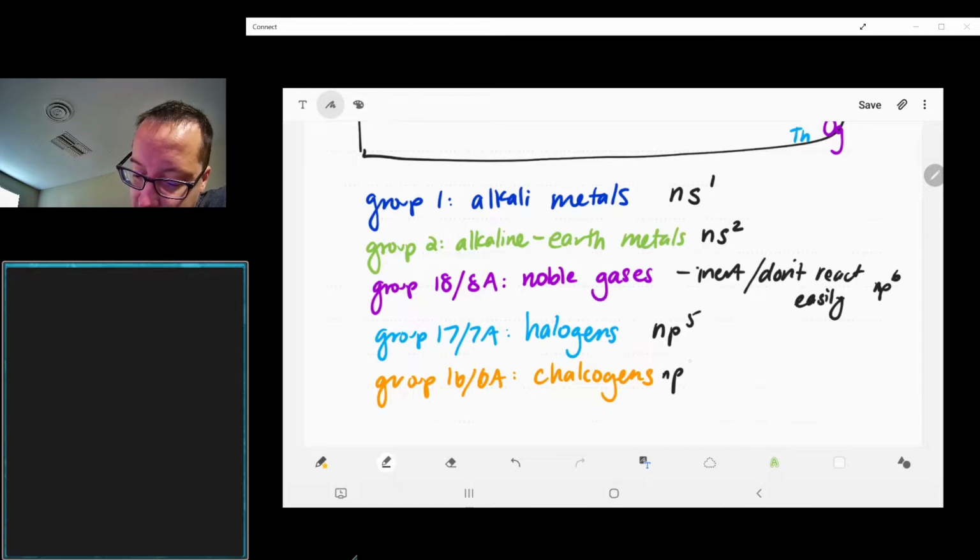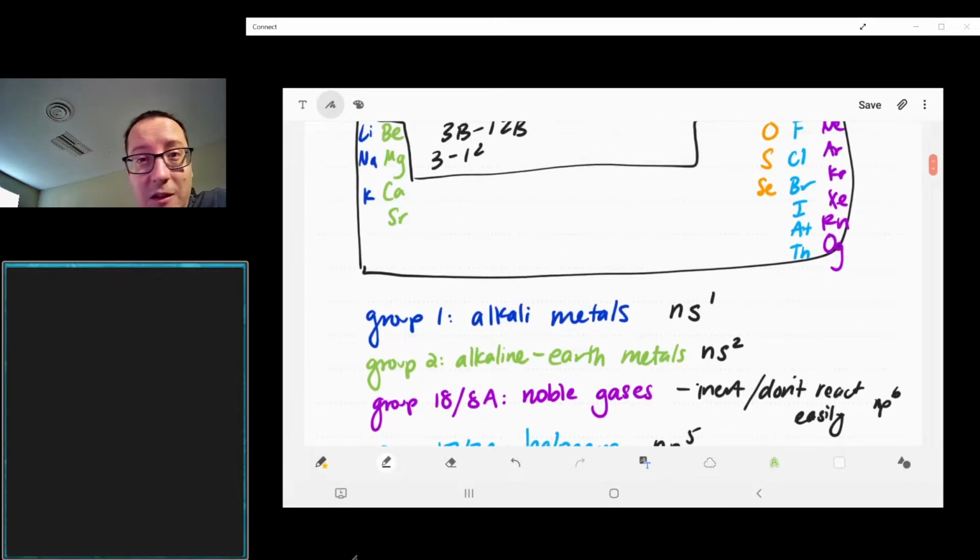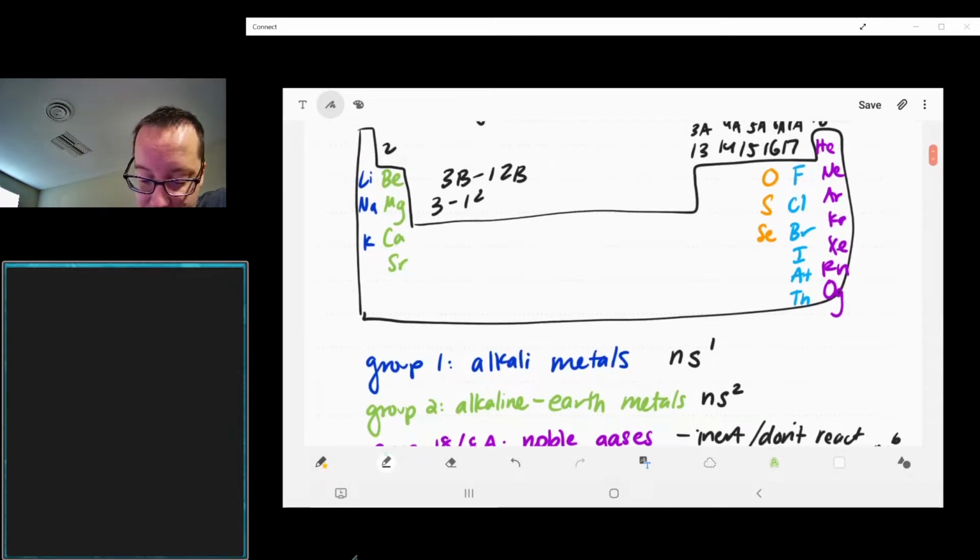And then the other two will have their own. We don't really have names for the other groups. In fact, chalcogens is not even very common to use. Usually just these first four are more commonly used as names. People would just say group 17 or something also. That's pretty common.